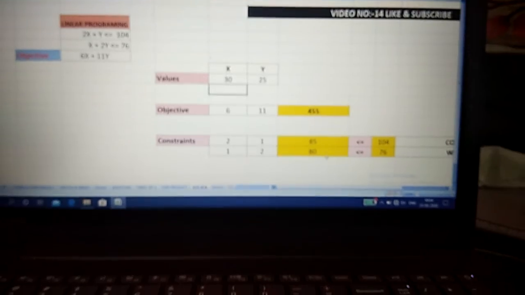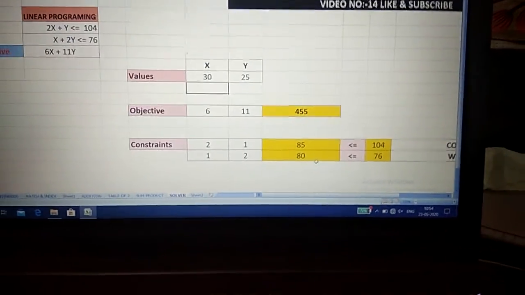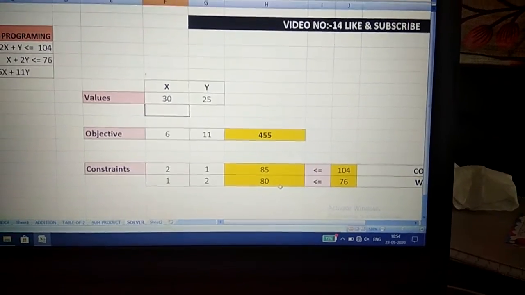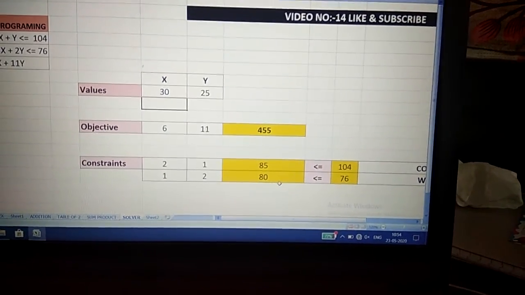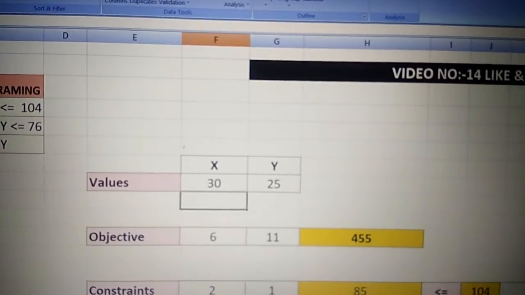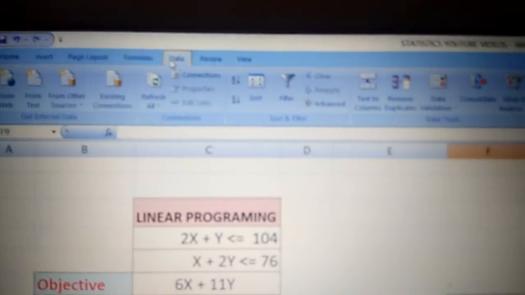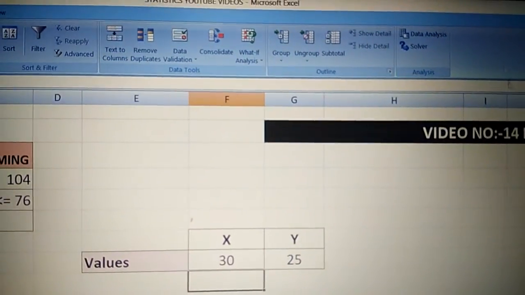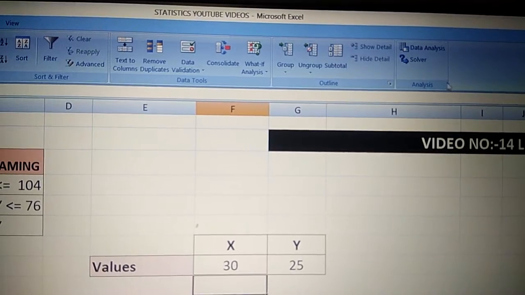So now the problem arises: how many times are we going to do this? It will take enormous time. To minimize that time, we need the power of Solver. So let's go to Solver. How will it be done? Here is the Data tab, and I'm going towards Solver. Yes, I found the Solver.